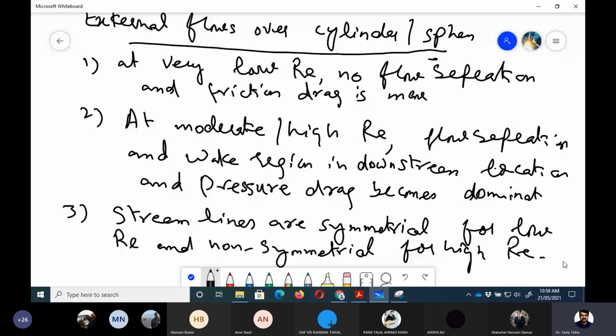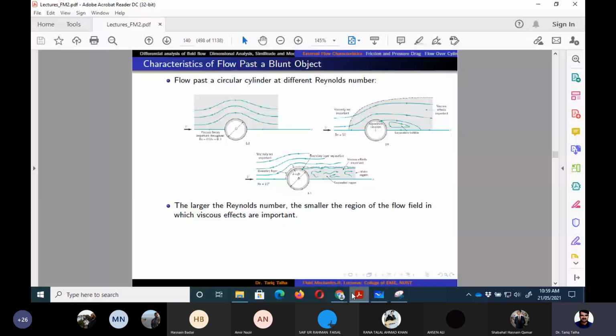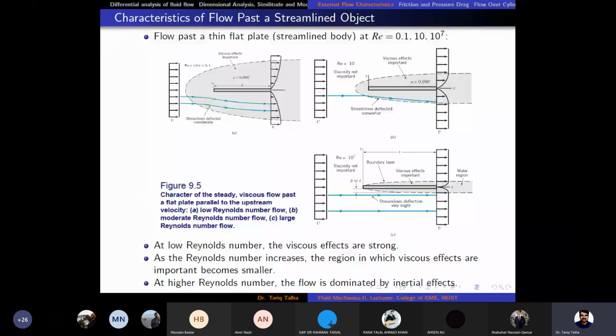Right. And then again the boundary layer thickness decreases as we increase the Reynolds number. So those are the characteristics which we have seen up to now for the flow past blunt bodies, semi-blunt bodies, and flow past a streamline object or body.